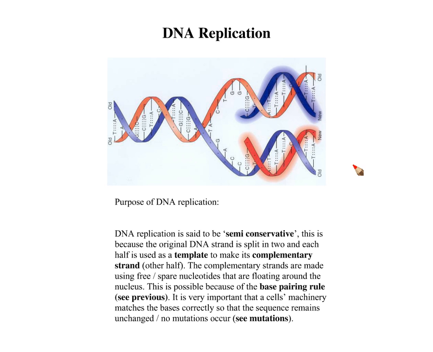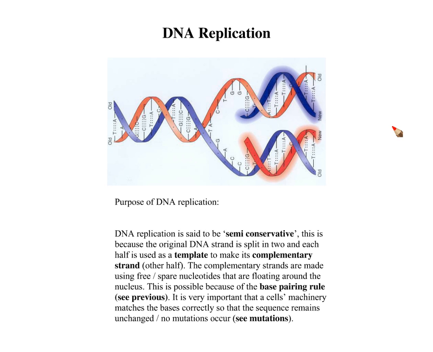So this is said to be semi-conservative, because if you look at the new strands of DNA, eventually this will completely unwind and we'll have two complete new copies. The new DNA is actually made up of half old DNA, so one strand the original DNA and one strand new DNA. So we say the semi-conservative process of DNA replication is when DNA is split into two and each half is used as a template to make its complementary strand, the other half.